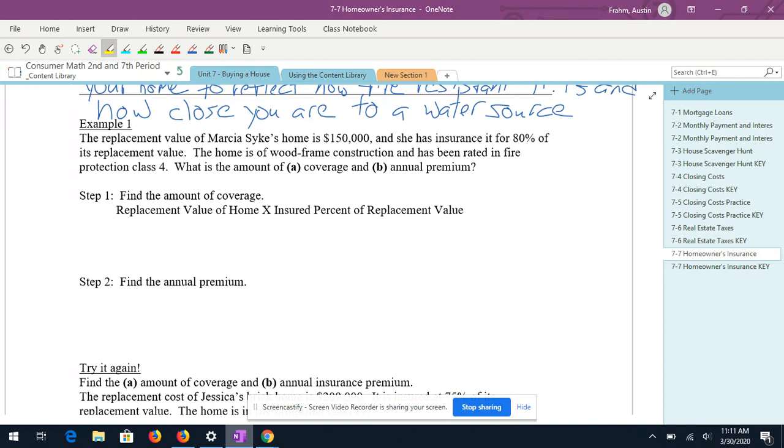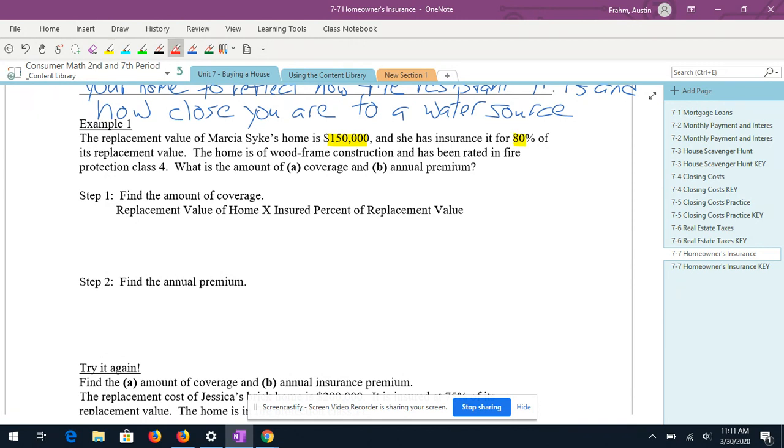So a two-step problem. Step 1 is to find the amount of coverage, which they give you the equation. It's the replacement value of the home times the insured percent of replacement value. So the replacement value of the home is $150,000, and it has been insured for 80% of its replacement value.